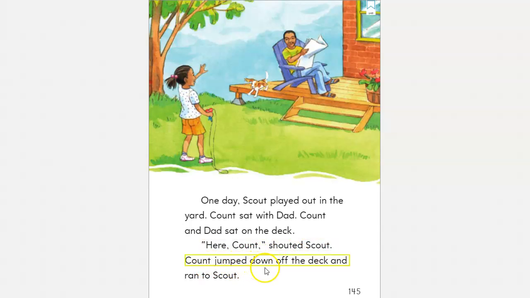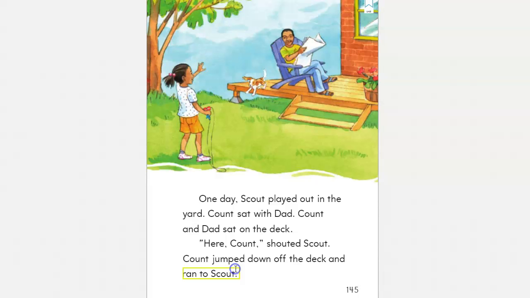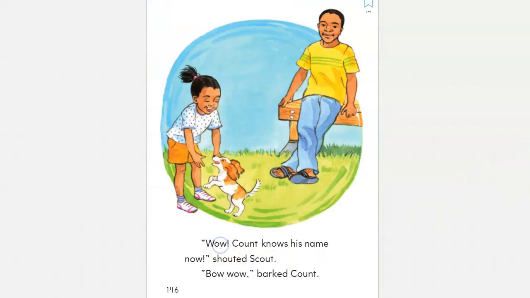Count jumped down off the deck and ran to Scout. Wow! Count knows his name now, shouted Scout. Bow wow, barked Count.